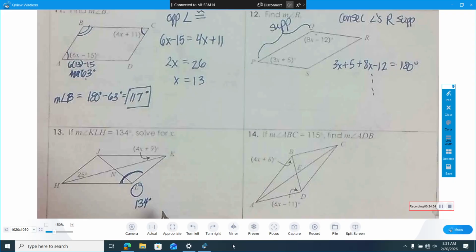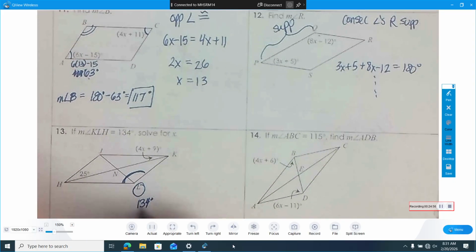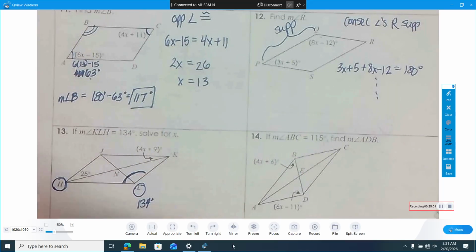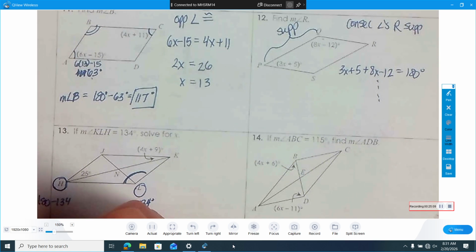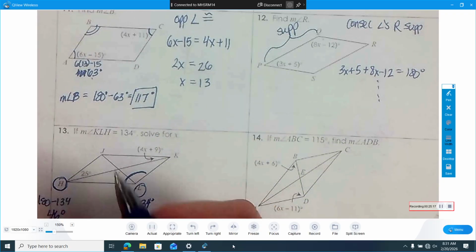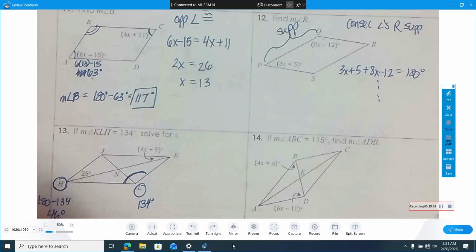Okay, 180 minus 130. So we know that the whole angle L is 134. Can we figure out the whole angle H? Which would be 180 minus 134. So what do we get? 46 degrees.